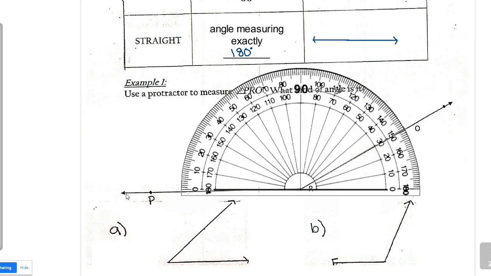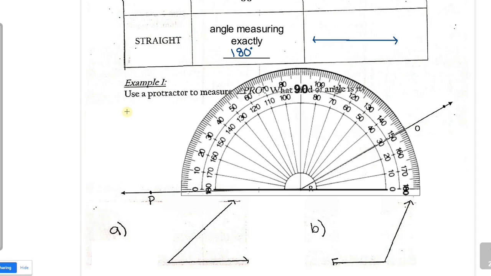If we're starting over here on the left, we're starting at 0, and then our angle is opening all the way to the right. So we're going to use those outer numbers to measure our angle. From 0, going all the way to where the line hits, it hits right here at 150.